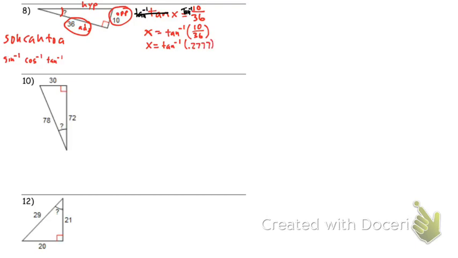Now we push the inverse tangent button. Look for this in your calculator. Again, you might have to push the shift or second button to use it. If you compute it correctly, you get 15 degrees. And I'm rounding here.